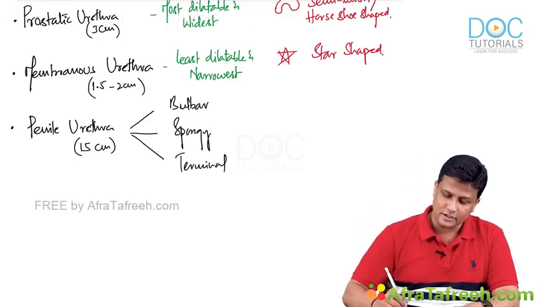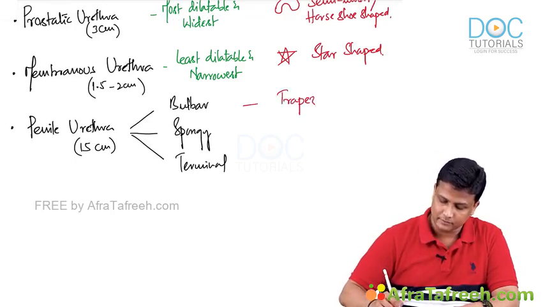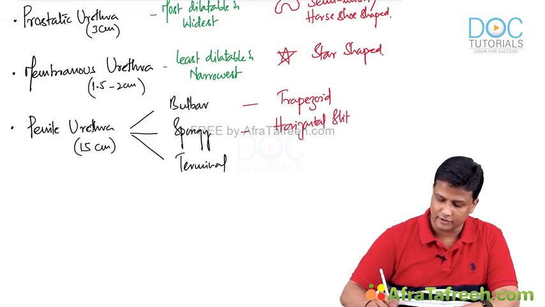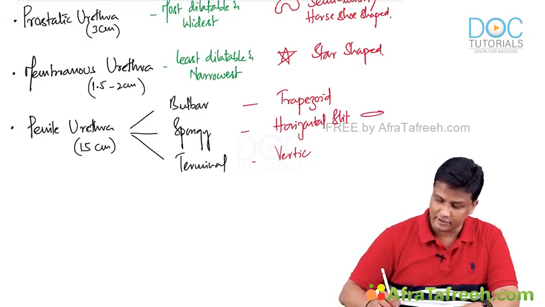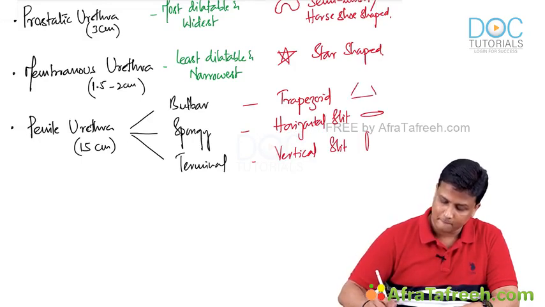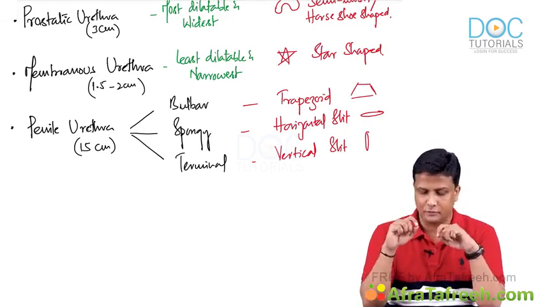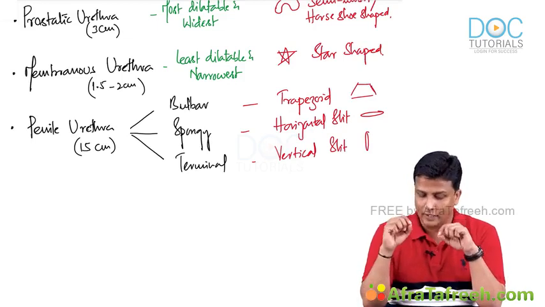When you see it in the cross section, bulbar urethra will be trapezoid in shape. The spongy urethra will be a horizontal slit, whereas the terminal part will be a vertical slit, guys.